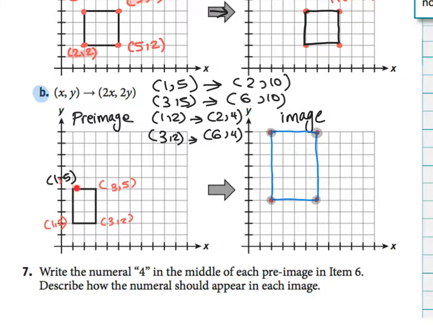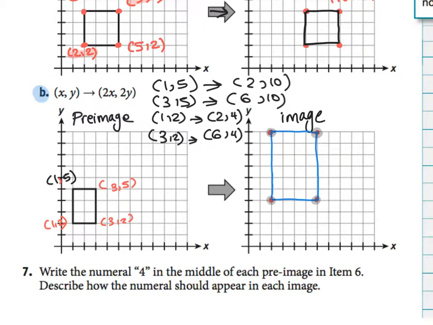Now, you can see that the width is 2, so 2 times 2 is 4, which makes sense. And then 1, 2, 3 multiplied by 2 becomes 6. So 1, 2, 3, 4, 5, 6. So the length is 6 as well. So every time you are multiplying, it means you're changing the size. And since I'm multiplying by a number greater than 1, that means I'm stretching the figure.